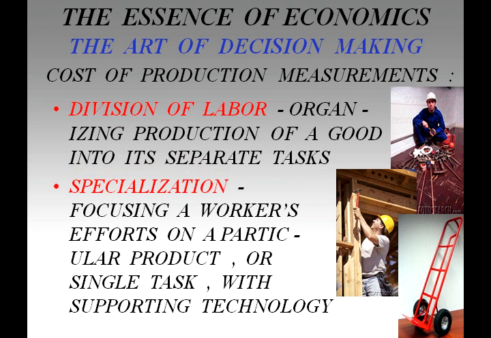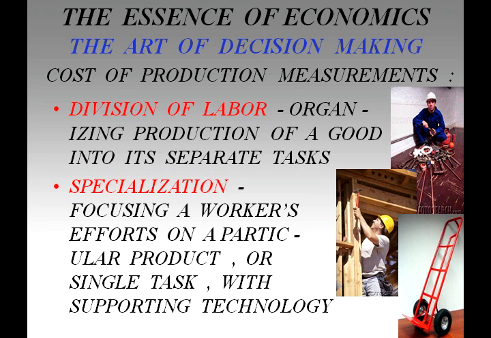They may have also specialized, which is focusing the worker's efforts on a particular product or a single task, but with the supporting technology. If in adding to the labor force they also gave them a dolly or a hand truck, as you see pictured on the right, it's far easier to transport boxes from a building out to the truck.